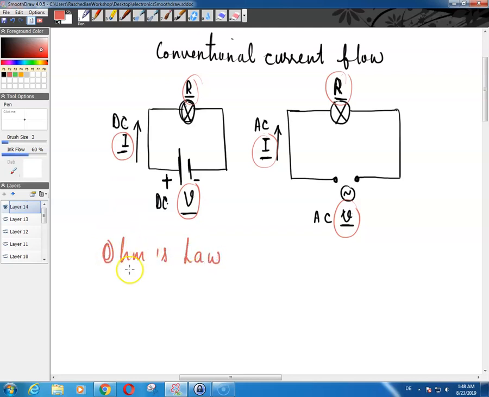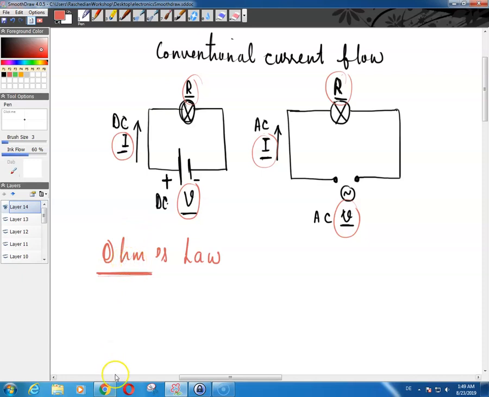Now Ohm was the name of a scientist, a German scientist or German physicist, I suppose. I don't remember the complete name right now. But this was basically the name of the physicist.